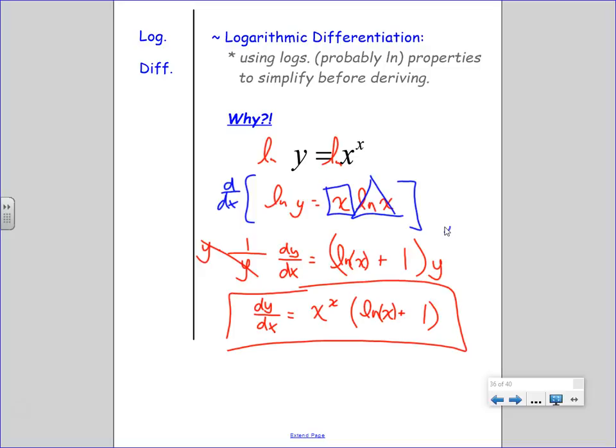Okay, I found f prime. F prime will just be 4 cosine of t. So when this sine equals 3/4, it would be 4 cosine of sine inverse of 3/4.